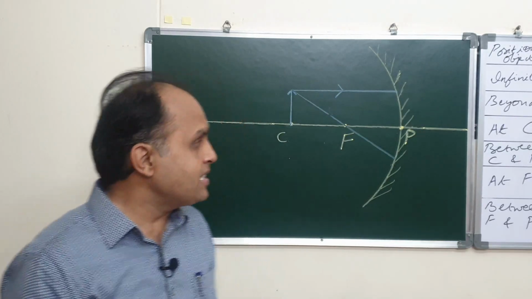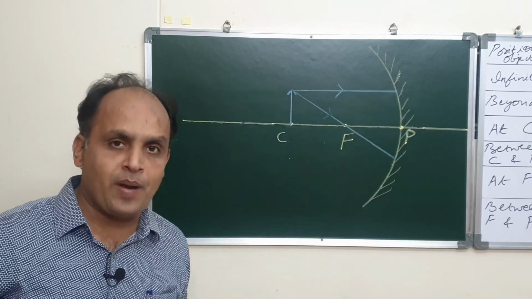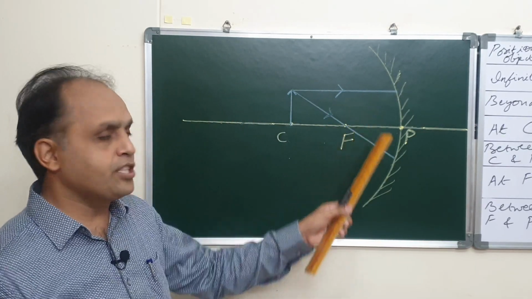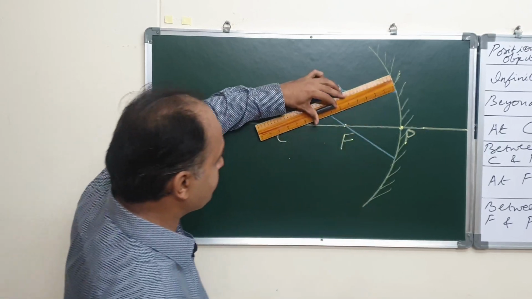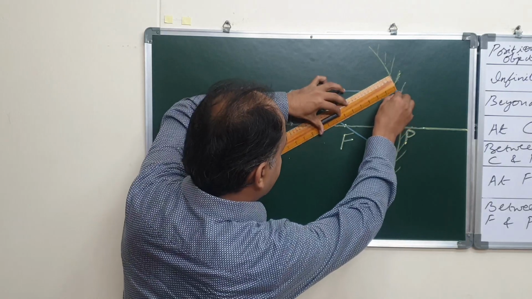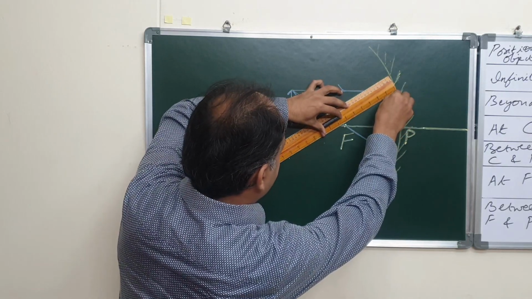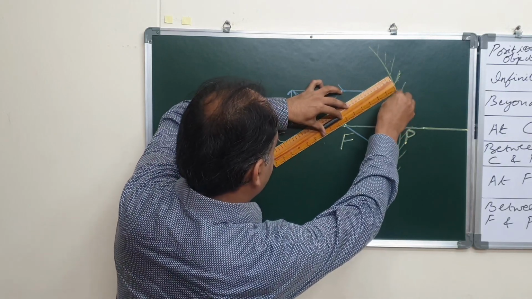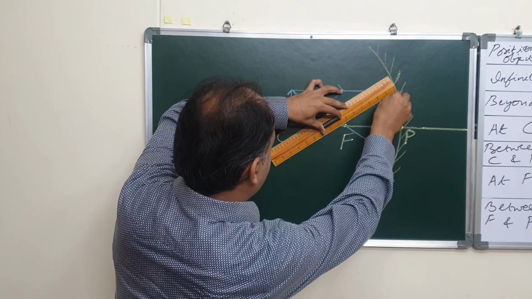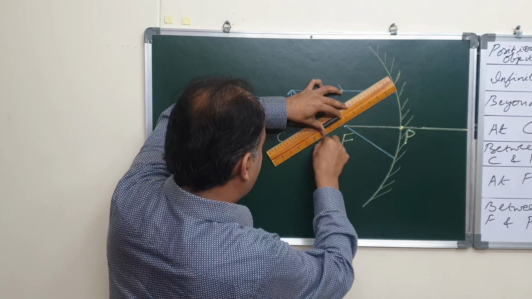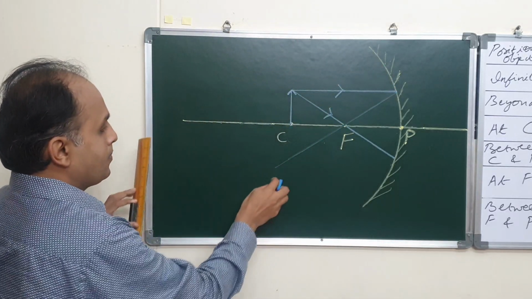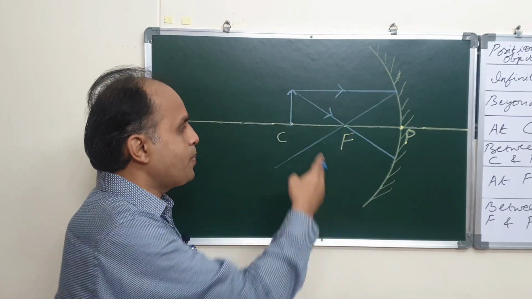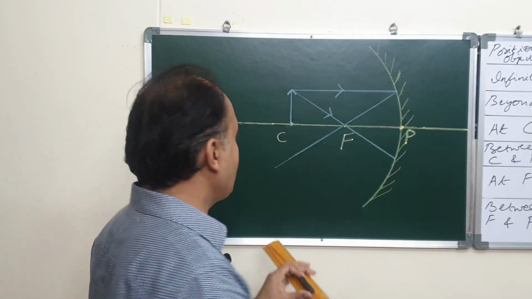So the ray of light which passes parallel to the principal axis after reflection goes through focus. So that's the first rule we have learnt. And the second ray which passes through focus goes parallel to the principal axis.